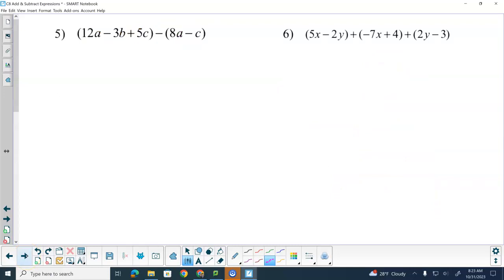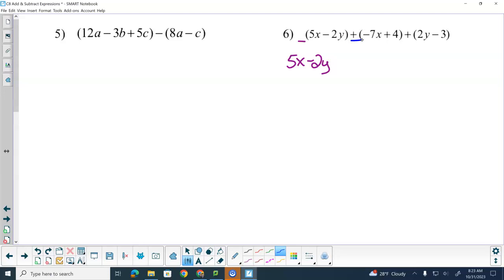Anything in front of the first set of parentheses? Nothing? Okay. Anything in front of the second set of parentheses? So what do we multiply by? Positive 1.